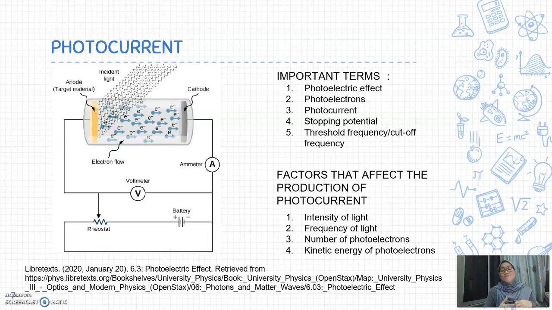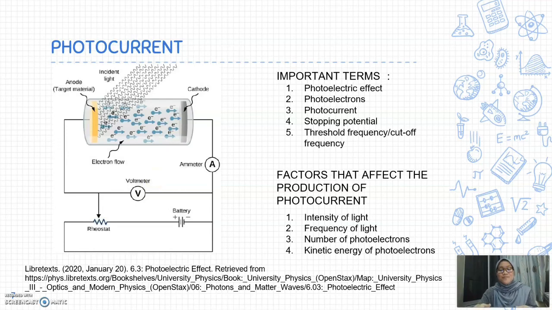From this, we can observe that below a certain value of the frequency of the incident light, no electrons are emitted from the metal. For every metal, there is a minimum frequency of radiation that will produce a photoelectric effect. This frequency, we call it threshold frequency, also known as cut-off frequency.